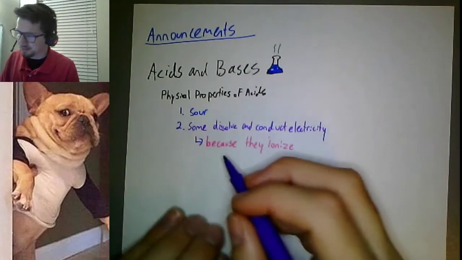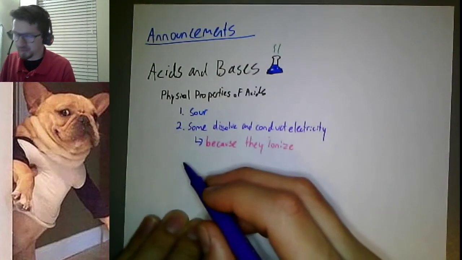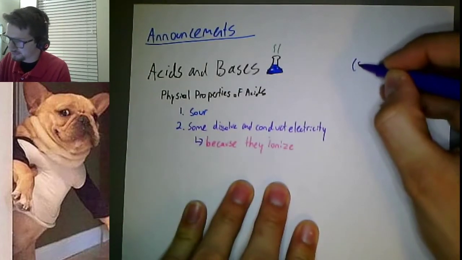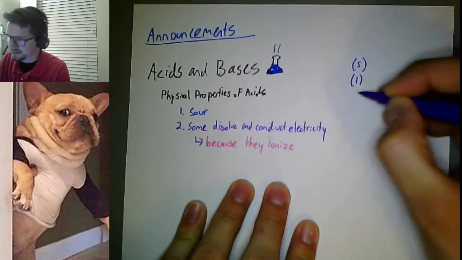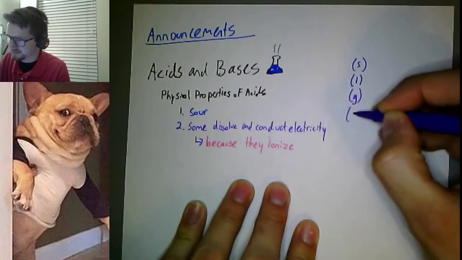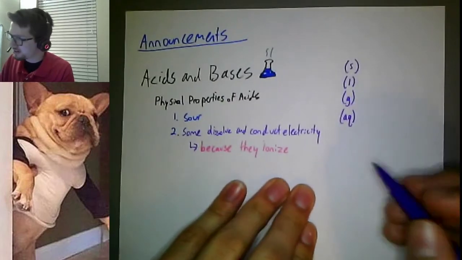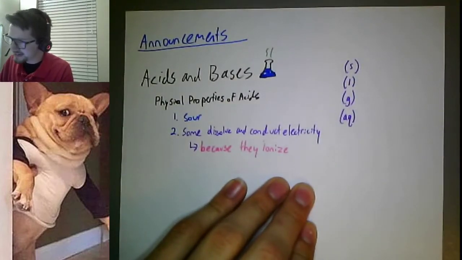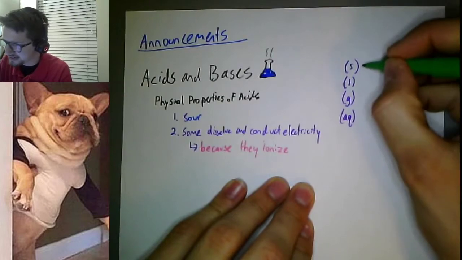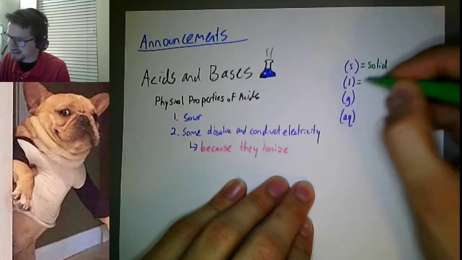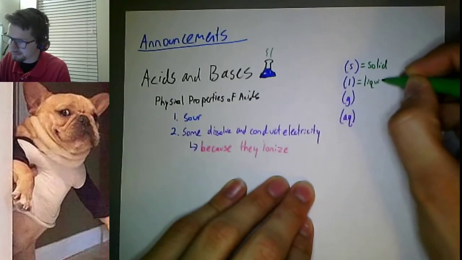Now, we need to talk about some notation real quick before we get into bases. Something we're going to be using is this, this, this, and this. I don't know if you guys ever used these with Miss Moog, but what the S in parentheses means is that something is solid. If you have an L, it means it's liquid.